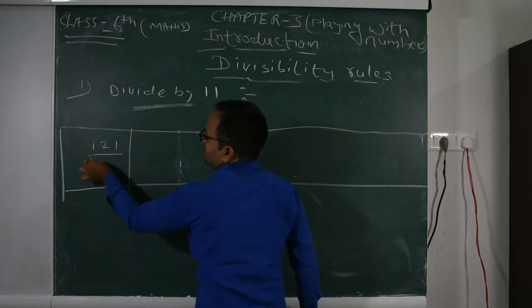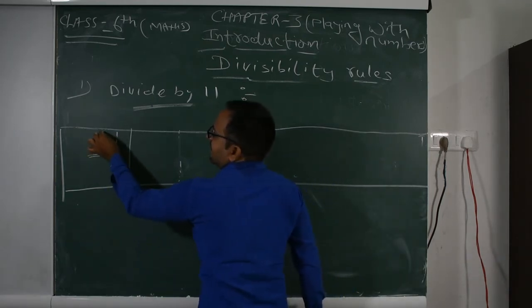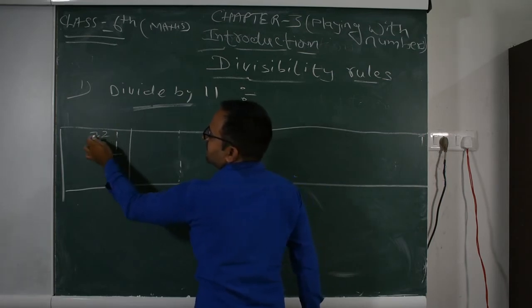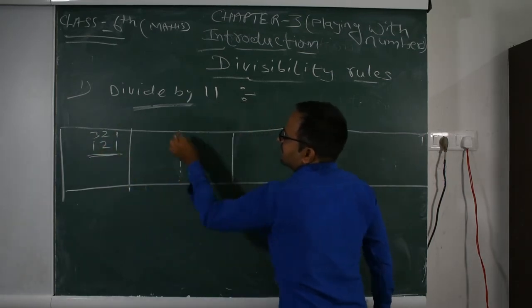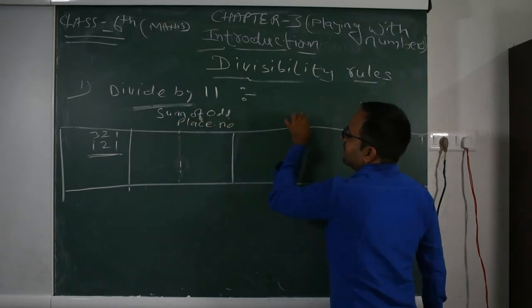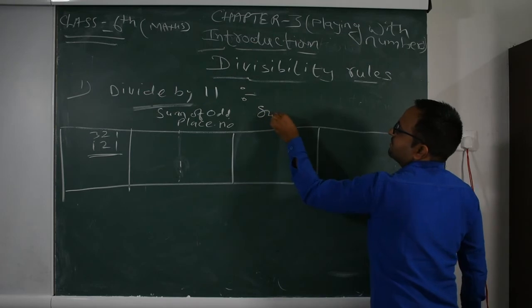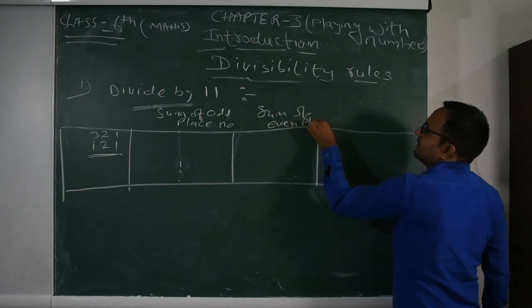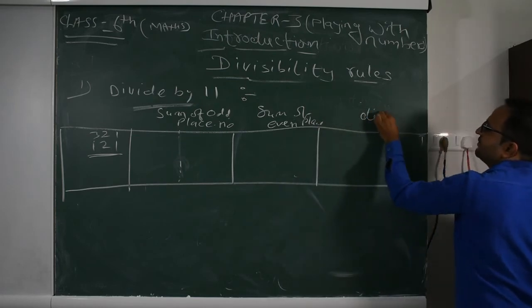So first we count the digits of the number. How many digits? 1, 2, 3. Now the sum of the odd place numbers and the sum of the even place numbers, and then the difference.